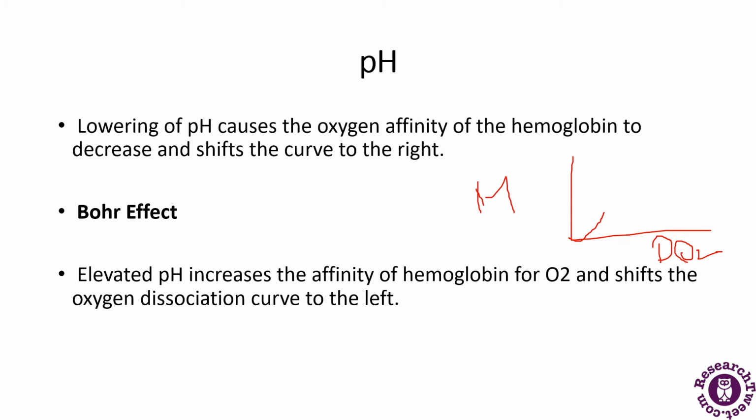This was an S-shaped curve. This was at pH 7.2, and here, if we shift it like this, it will be at pH 7.4.